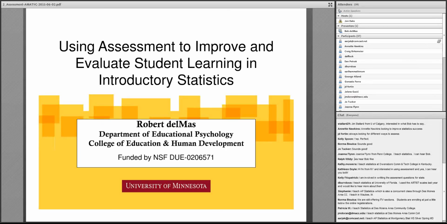Dr. delMas's interests focus on the teaching and learning of statistics, primarily at the tertiary level, and he served as the editor of the Statistics Education Research Journal, as an associate editor for the Journal of Statistics Education, on the editorial panel of the Journal for Research in Mathematics Education, and as an advisor to the Carnegie Foundation for the Advancement of Teaching Statway Project.